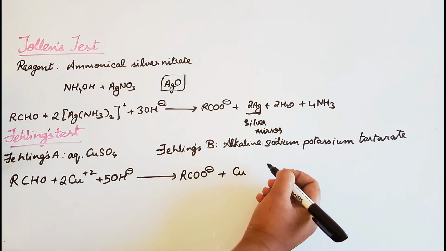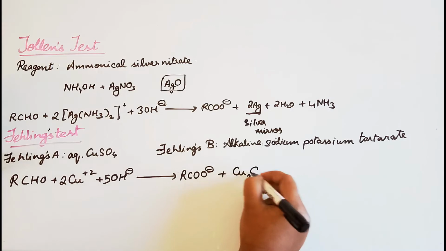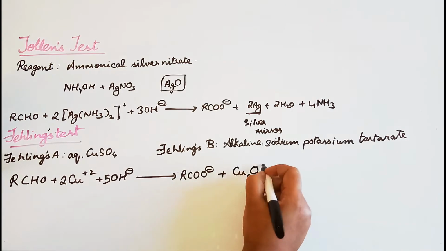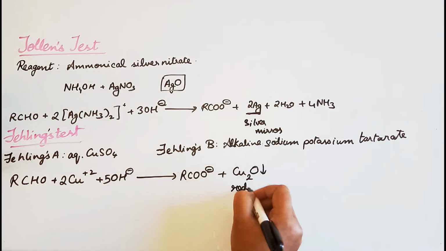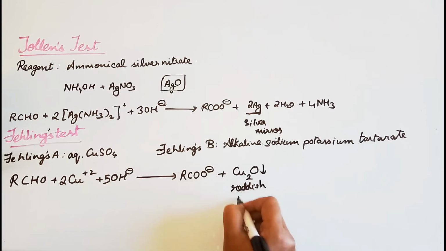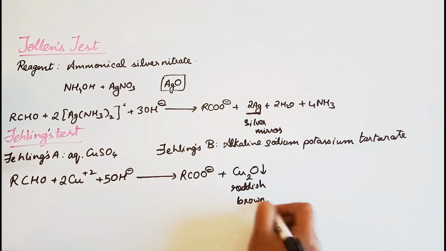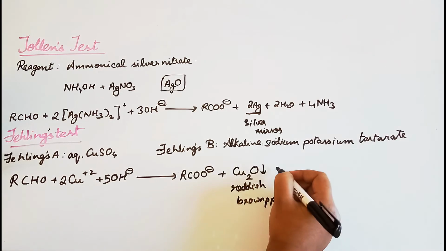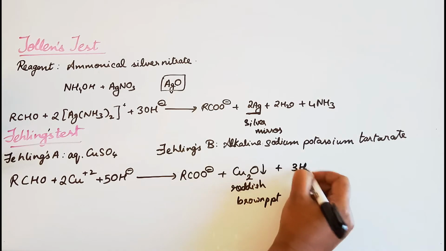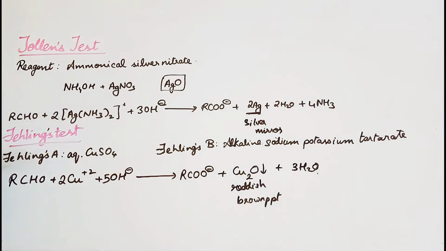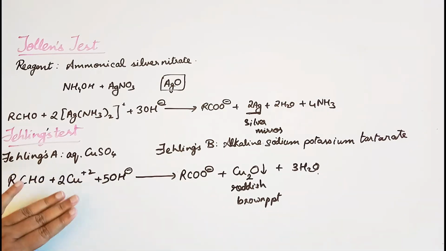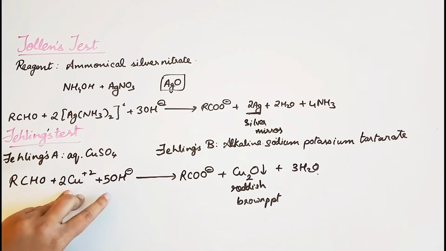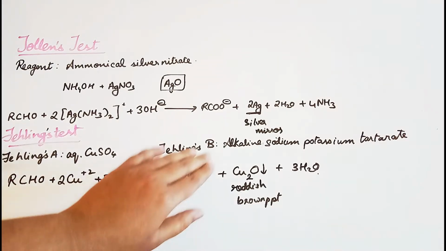This is Cu2O, cuprous oxide, and it gives a reddish brown precipitate, and we have water. So RCHO, the aldehyde, undergoes the reaction with equal quantities of Fehling solution A and B to give rise to the carboxylate ion.